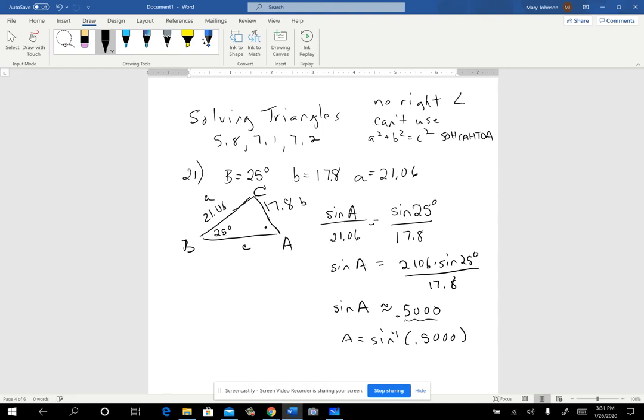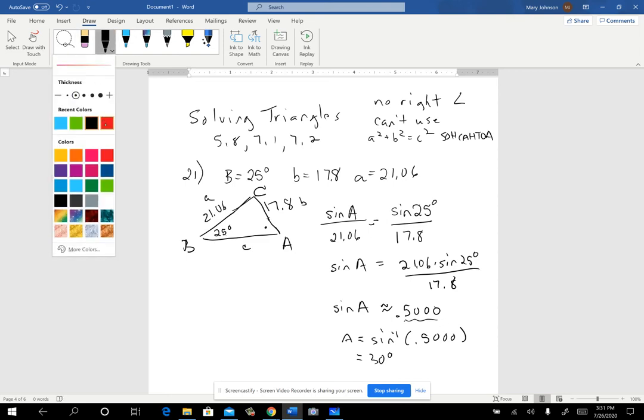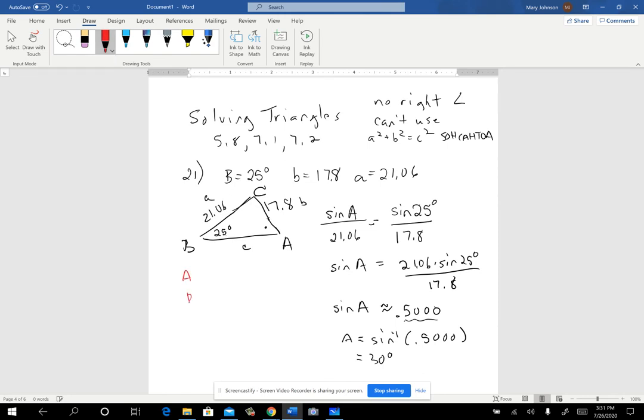And if you did that, it would tell you what we already know in this case. It would turn out to be 30 degrees. All right, so once you get that, let me go over here and collect everything we're trying to find. I need to get all the angles and then all the sides.